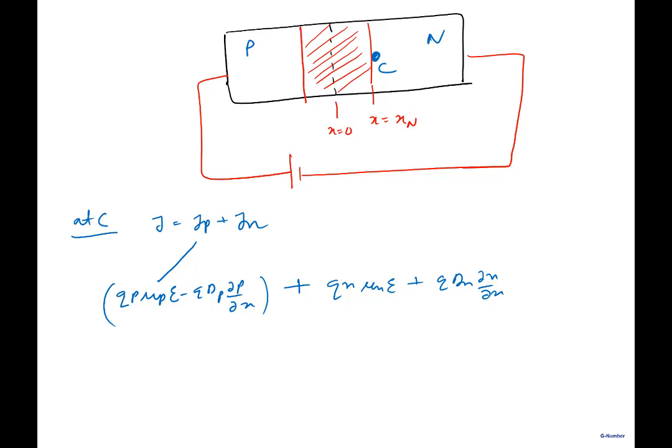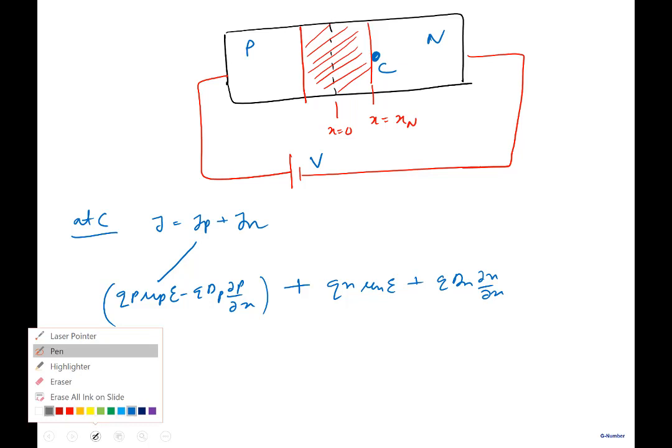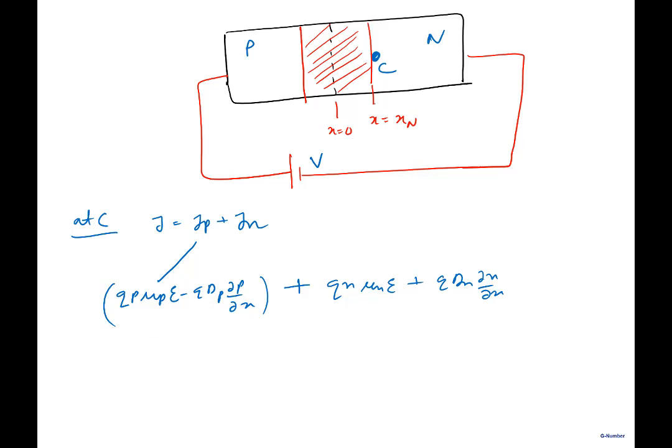Note that based on how the current flows, you know that you have applied a forward bias V here, and holes are getting injected into the N region. And so we know from our qualitative analysis, if I plot delta P as a function of x, the forward bias creates an excess hole density.